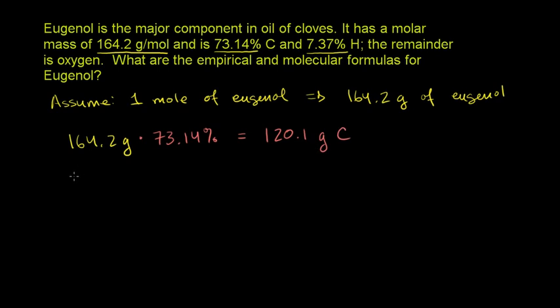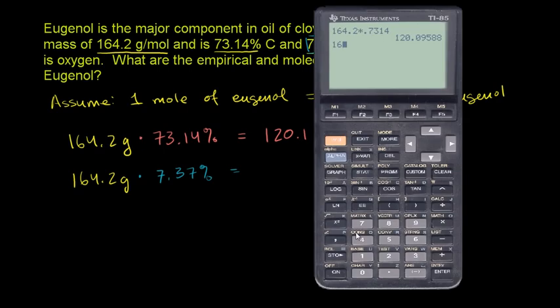Now let's do the same thing for the hydrogen and the oxygen. So we have 164.2 grams of eugenol times our percent composition of hydrogen. It's right here, 7.37%. What is this going to be equal to? Get the calculator out. We have 164.2 times 0.0737, and we will get 12.1.